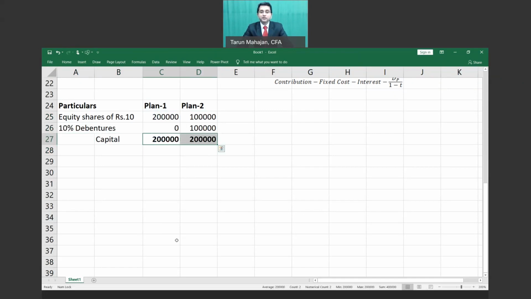You need 2 lakh rupees for doing business, and there are 2 choices. Say either you can be a pure equity company or you can be a partially debt company.